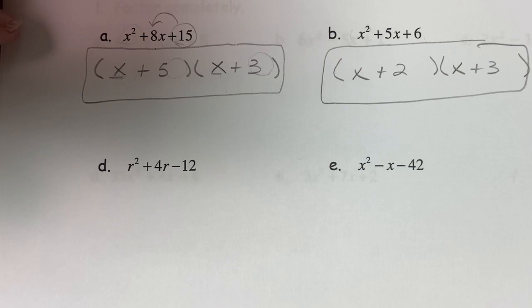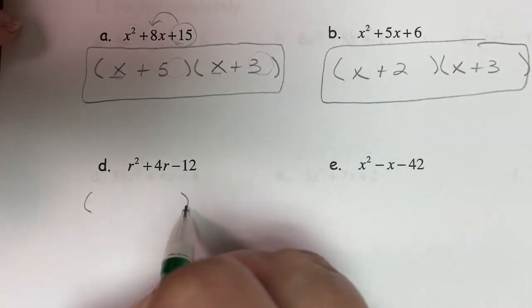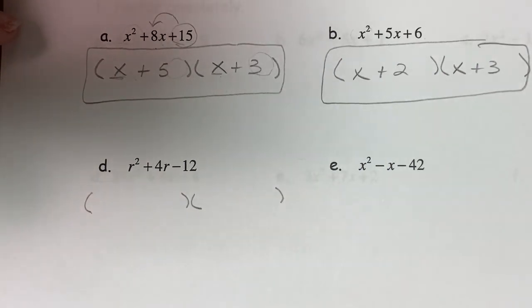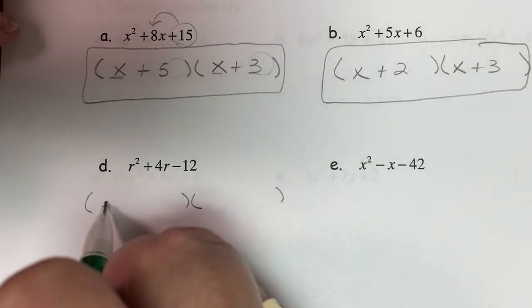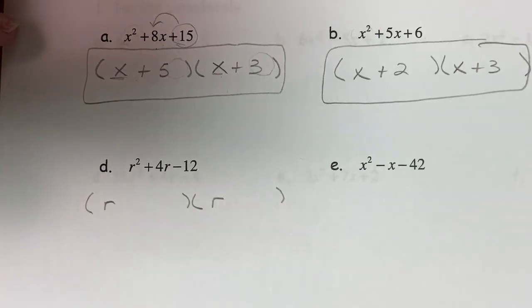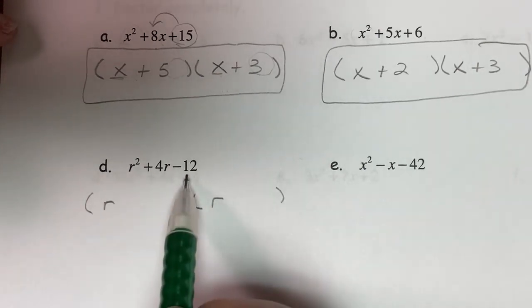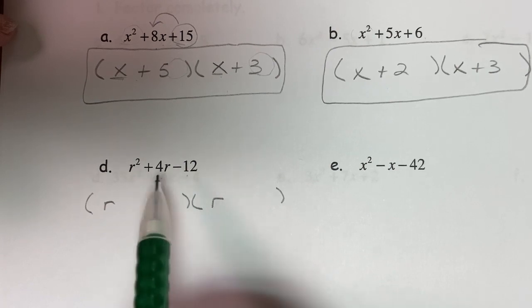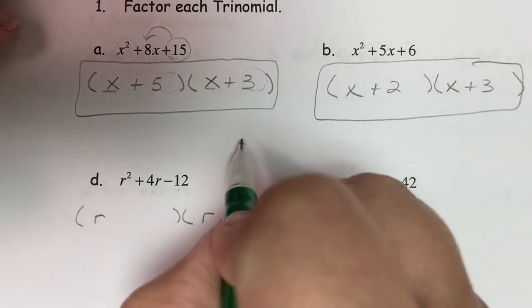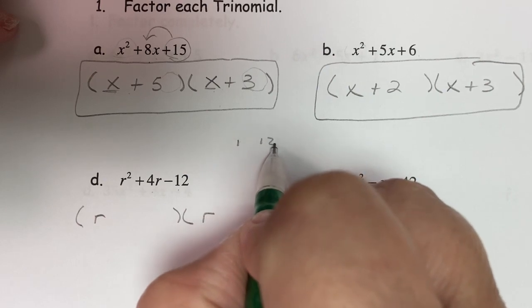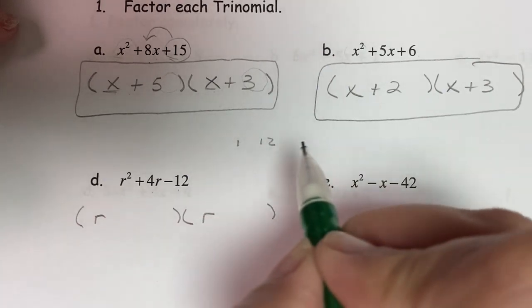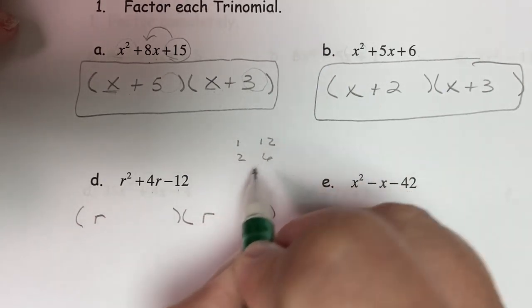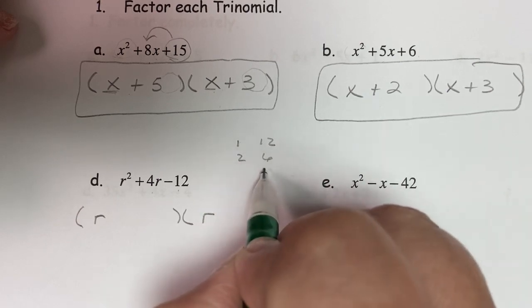All right, let's do D. So here we go. We have an r and an r. So we want two numbers that multiply together to get negative 12 and add together to get 4. Well, let's think of what are the numbers that multiply together to get 12. Well, 1 and 12, there's no way to get a 4 out of there. 2 and 6, is there a way to get a 4 out of there?